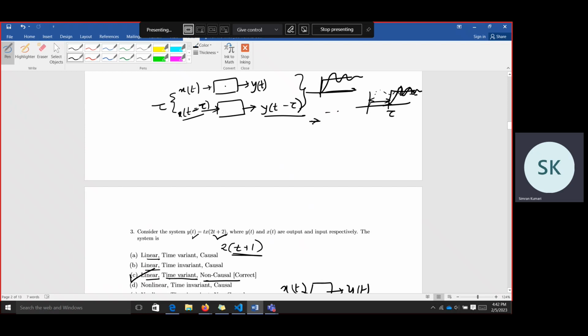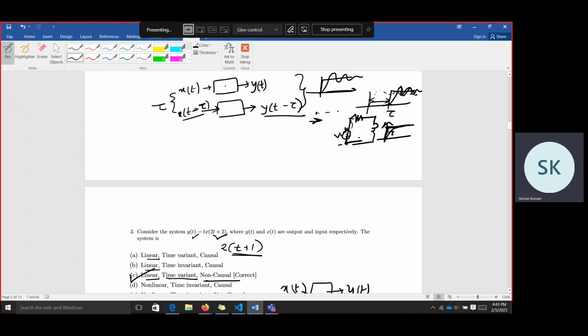Suppose this is an RL circuit, we provide voltage as input and we are trying to find the response.